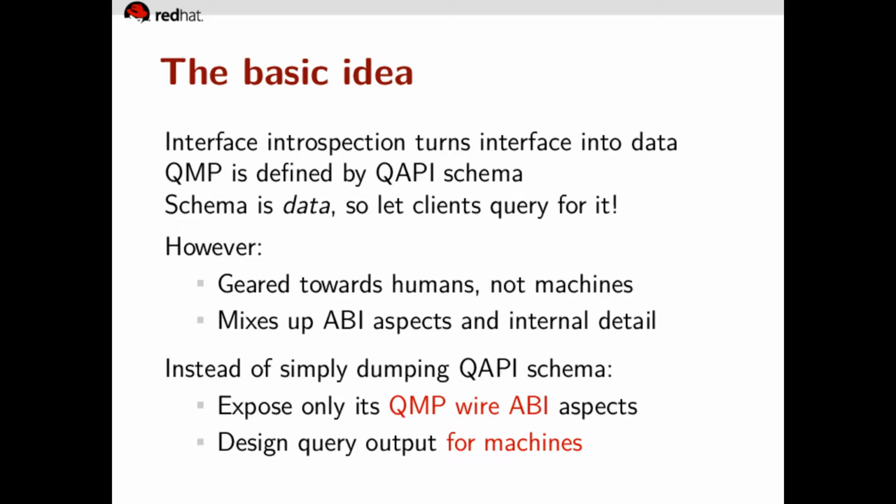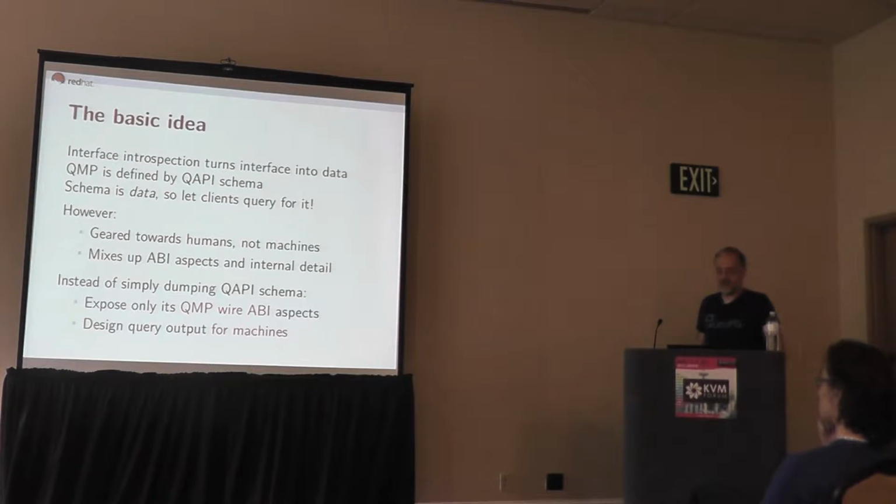Here's the basic idea. Interface introspection turns the interface into data the client can retrieve and analyze. The QMP is defined by the QAPI schema. The schema is data. So why not let clients query for it?